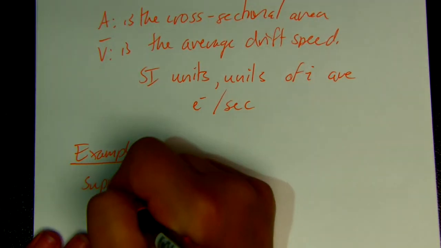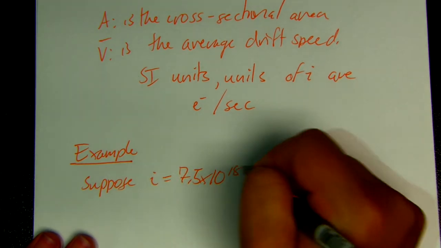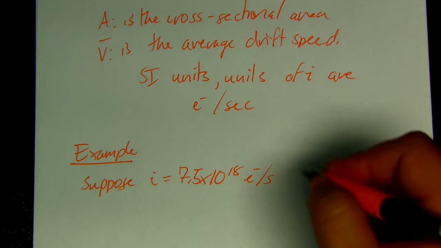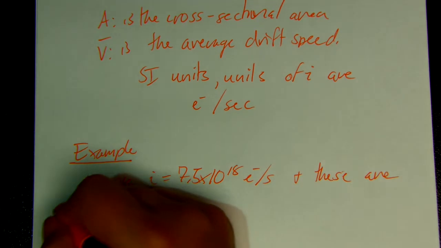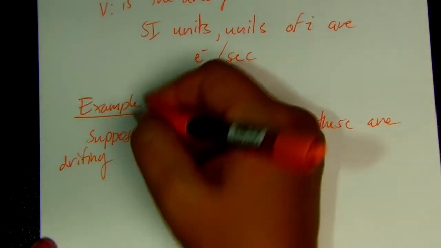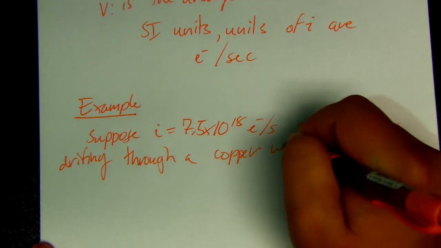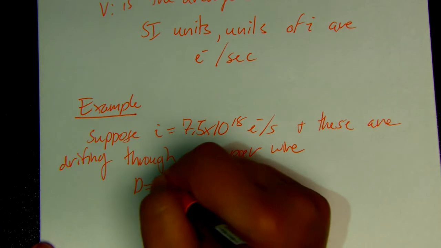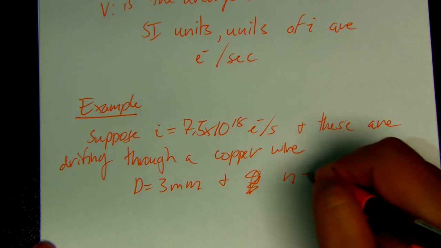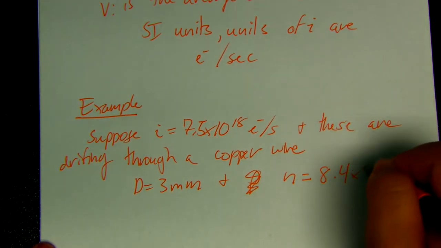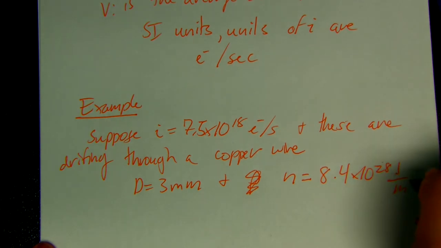Suppose I is equal to 7.5 times 10 to the 18 electrons per second, and these are drifting through a copper wire with a diameter of 3 millimeters and a density of mobile electrons of 8.4 times 10 to the 28, 1 over meters cubed.